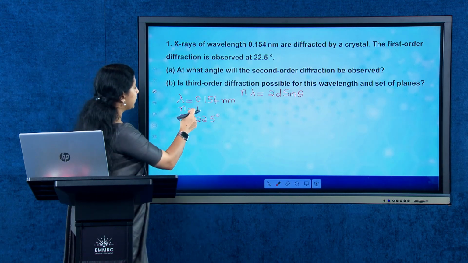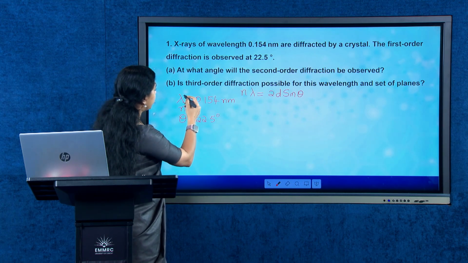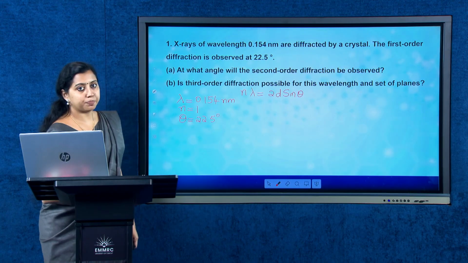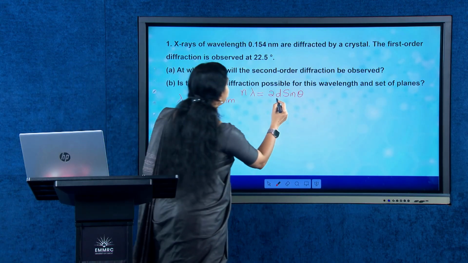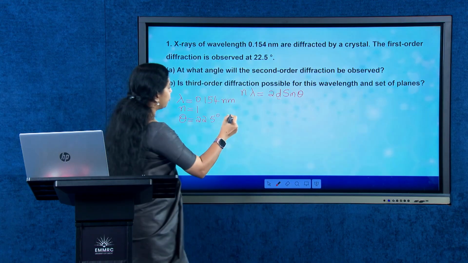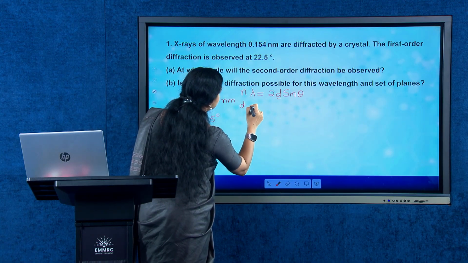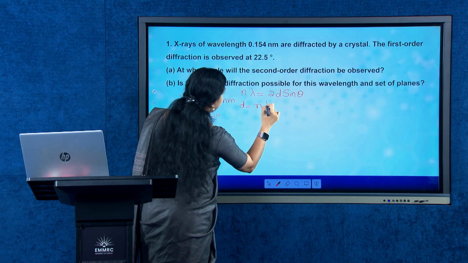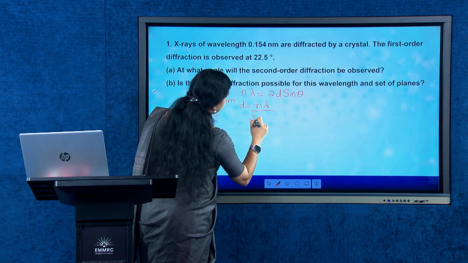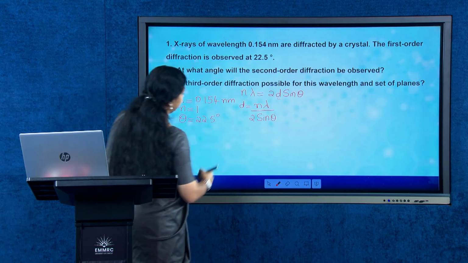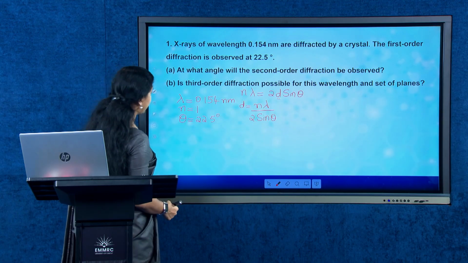So, we have the value for n, the value for lambda and the angle theta. The missing one is d. So, from this equation we can find out d as d equals n lambda by 2 sin theta. Let us substitute the values.